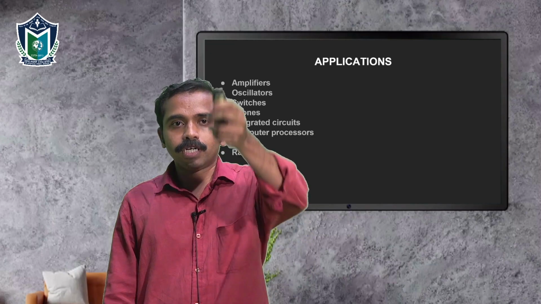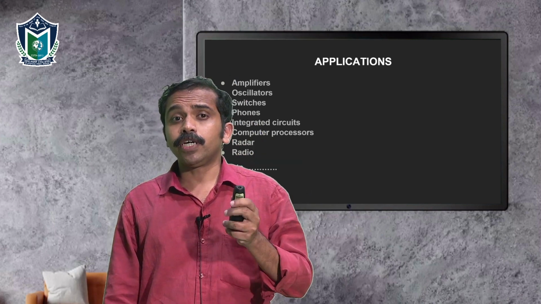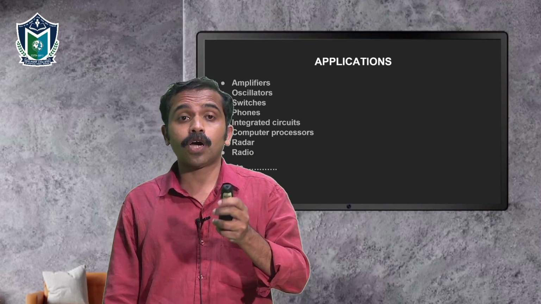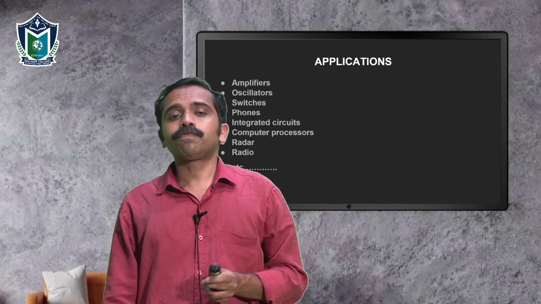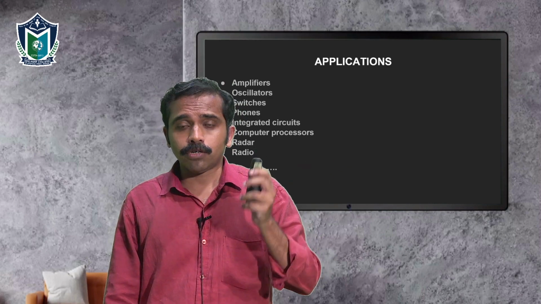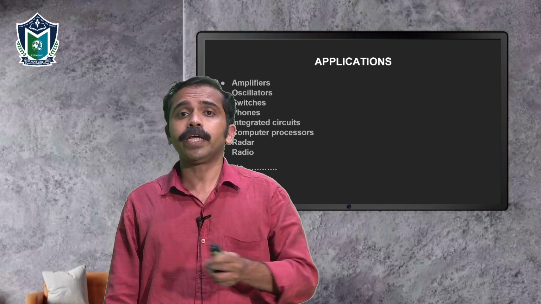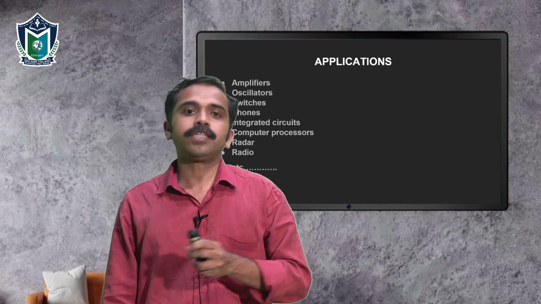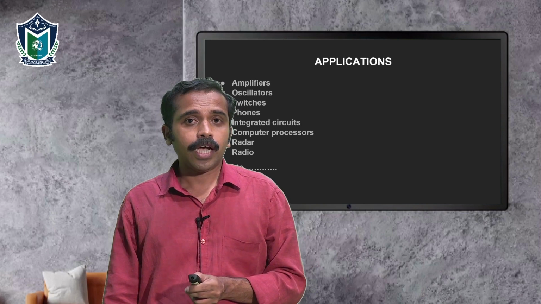From this list, we can easily say that we can't even think about an electronic circuit without the presence of transistor. Almost all of the electronic devices we are using in the present world have many transistors. So definitely we can say that transistor is the wonder child of electronics.